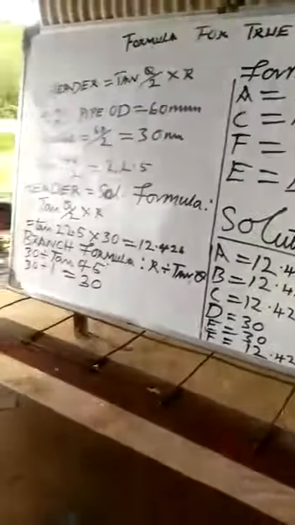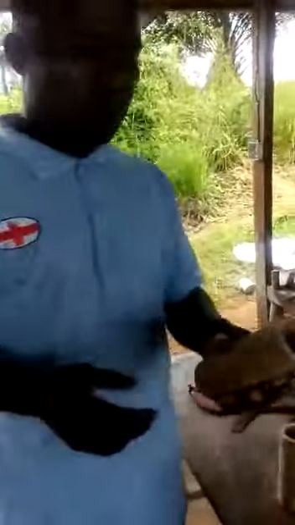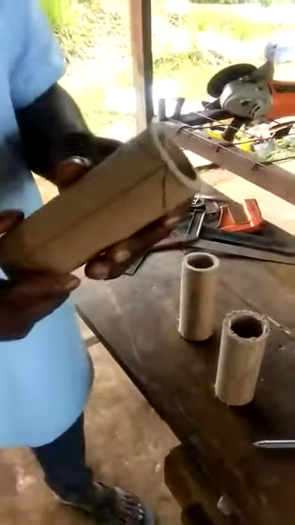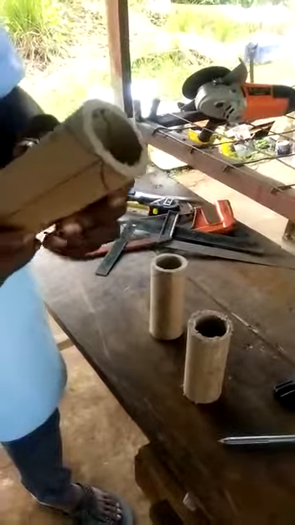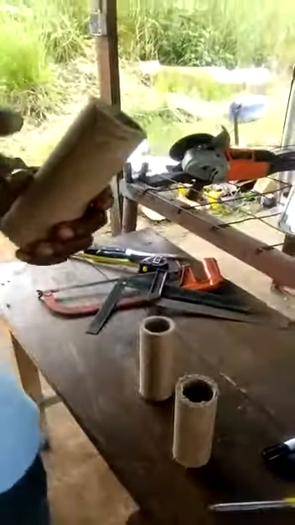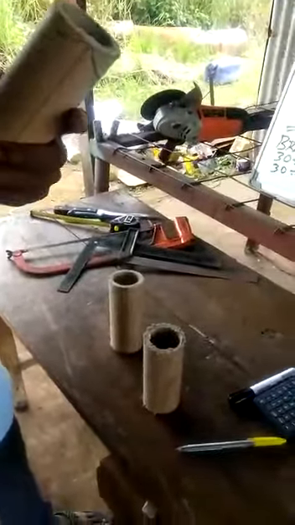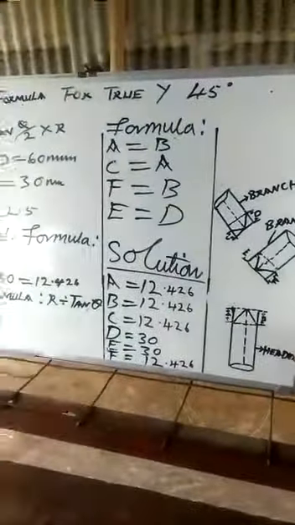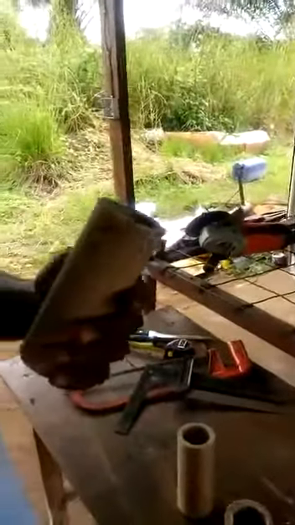Look at how they mark it. Okay, come to me. So now this is how you can mark it. The marking point is that, remember, your E, your F, as we look at the board, your F is 12.426.